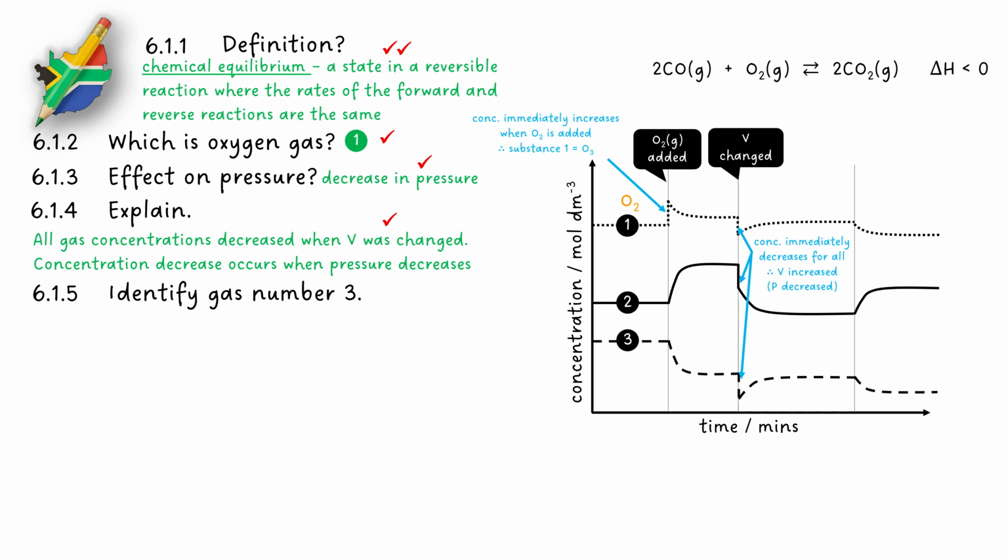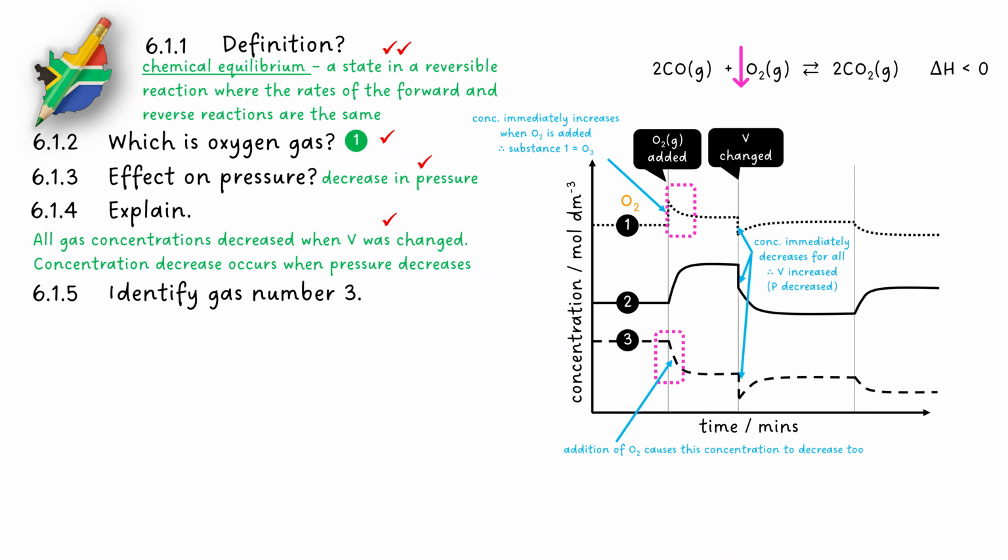Next, we need to identify compound 3. One way to do this is to look at what happens to the concentrations of the 3 substances when oxygen is added. We said that when oxygen is added, the concentration of substance 1, which is oxygen, increases immediately. And then it starts to decrease, which means it is being used up. Notice that at the same time, the concentration of substance 3 decreases too.